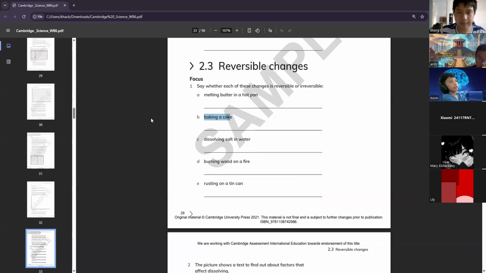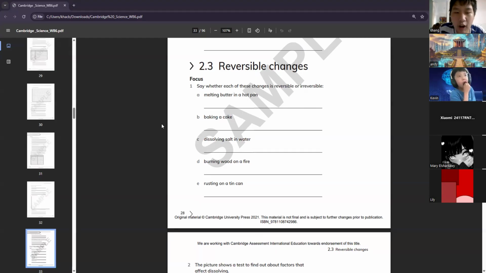It can't turn back into what it was. You can't turn a cake into batter or flour or egg again. Yeah, you can't change the cake back into the ingredients. So of course, baking a cake would definitely be an irreversible change.